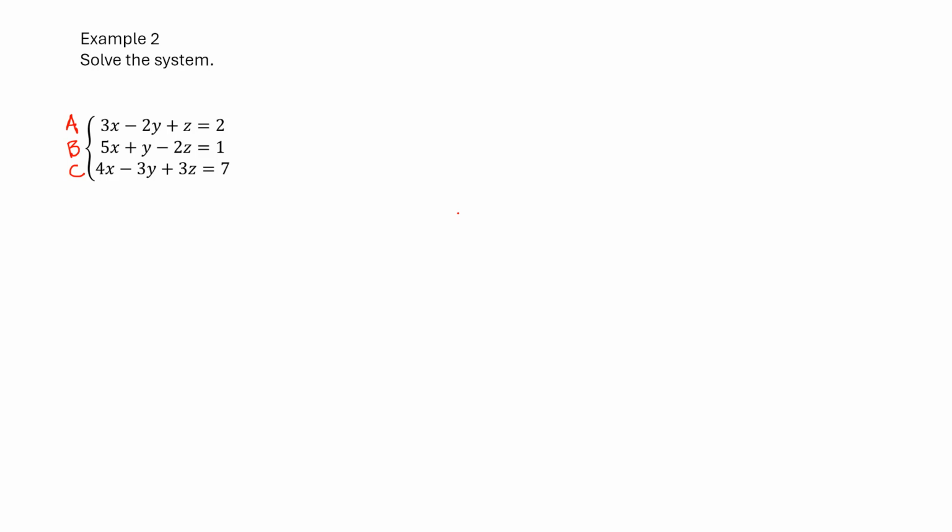So I wouldn't try to eliminate the x's. So what I'm going to do is take equation A and equation B and use those two equations to eliminate the y's. So I'm going to rewrite them. 3x minus 2y plus z equals 2, and 5x plus y minus 2z equals 1.